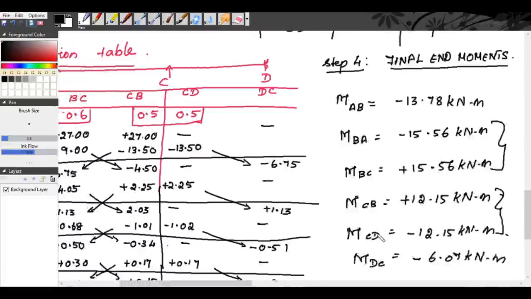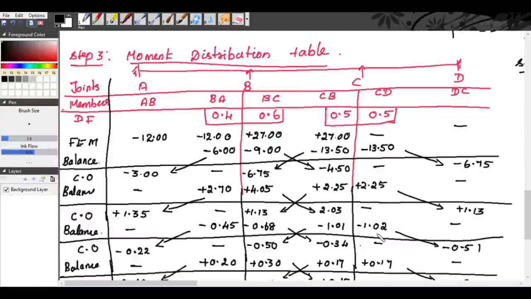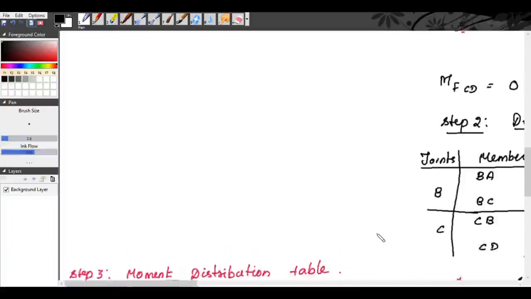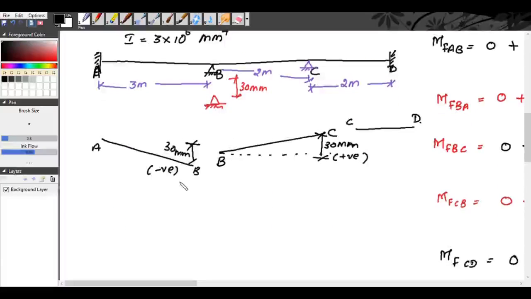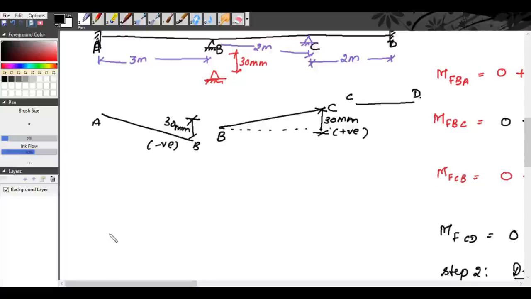Okay, so how will we draw our bending moment diagram? Okay, so this is A, B, C and D.